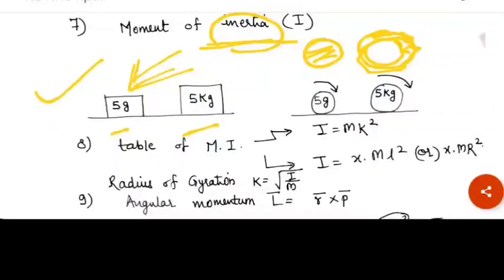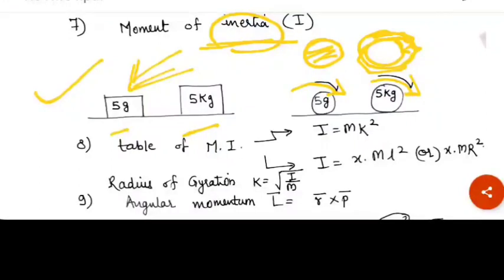But now I again ask you a question: if both the masses are rotating or rolling on the surface, then which mass is easy to stop?